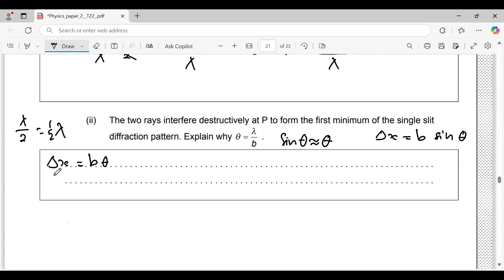So b times theta equals lambda, because delta x equals b times theta. If we simplify, theta becomes the subject of this equation: theta equals lambda over b. We can rearrange this equation like this.